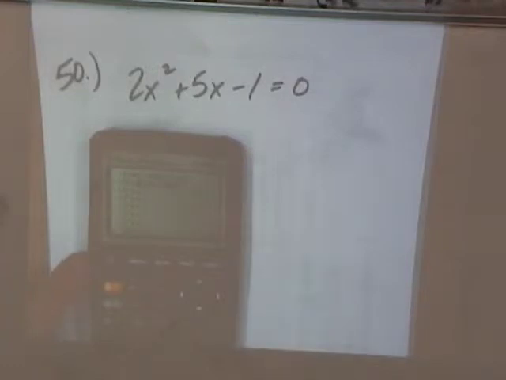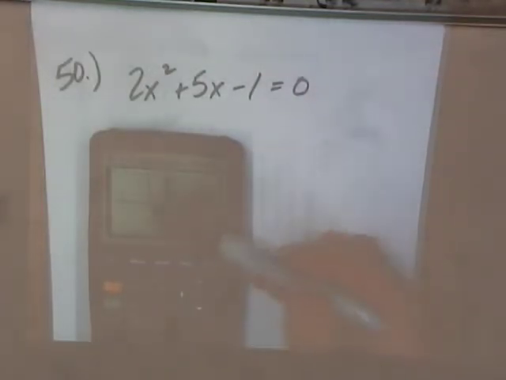And on y2, make sure you put the right-hand side of the equation. Graph it. On y2, put the right-hand side of the equation, 0, right? Graph it, and you'll find the solutions where it crosses the x-axis.